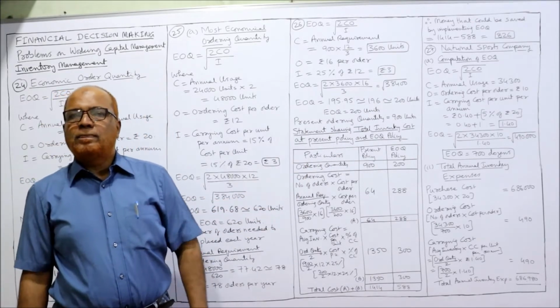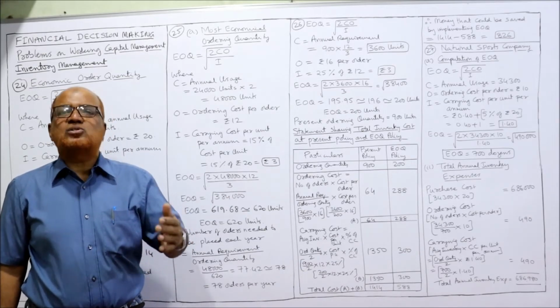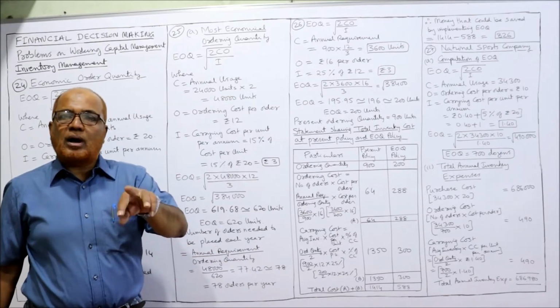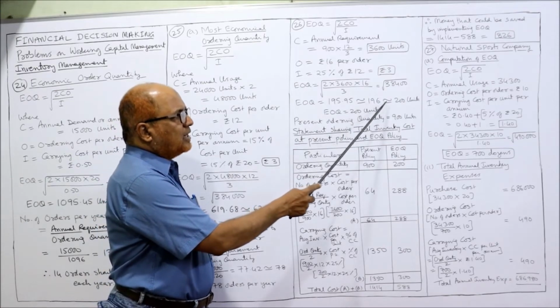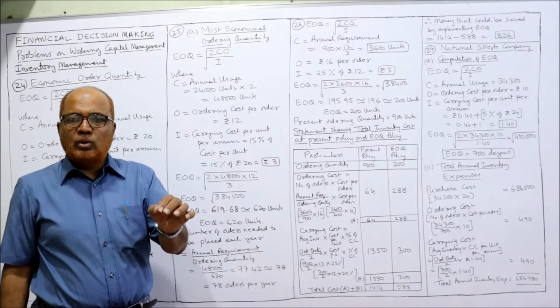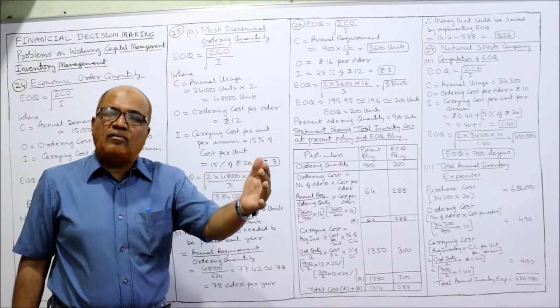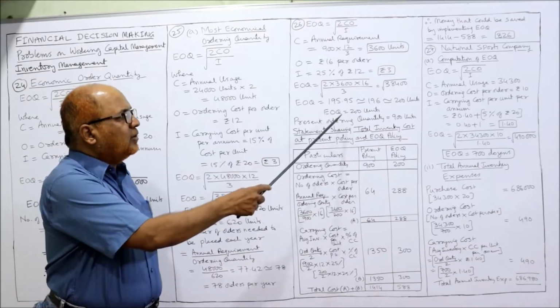195.95 units. For easier calculation, we can make it 196 or we can make it 200. 200 will be more appropriate because we have to compare the total cost. So instead of 196, I am making it equivalent to 200 units. So EOQ, economic ordering quantity, says whenever we place the order, we should place the order for only 200 units.